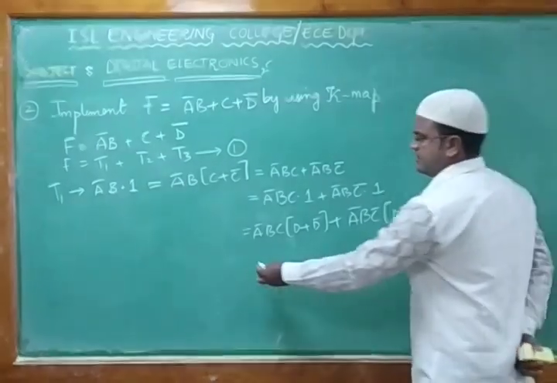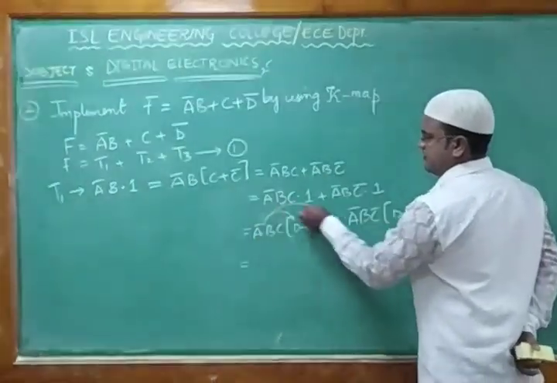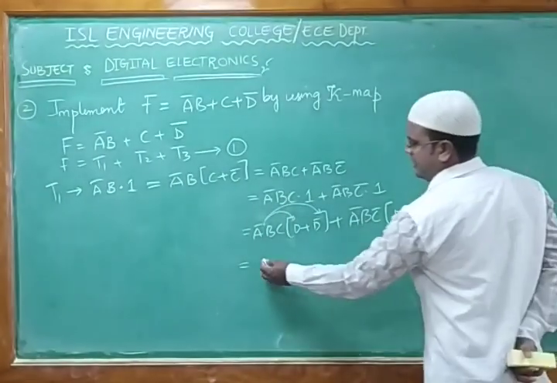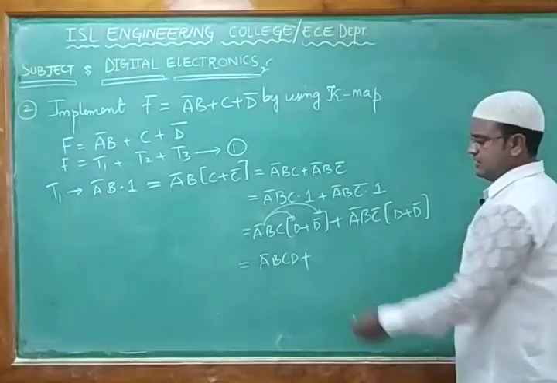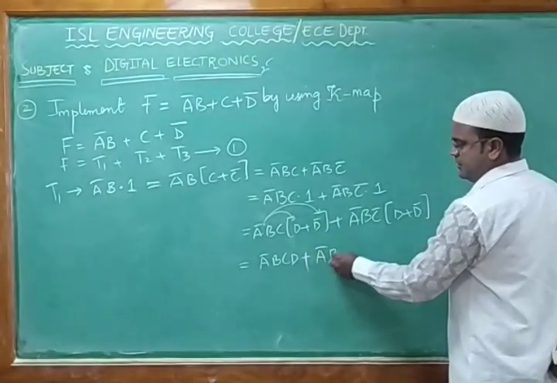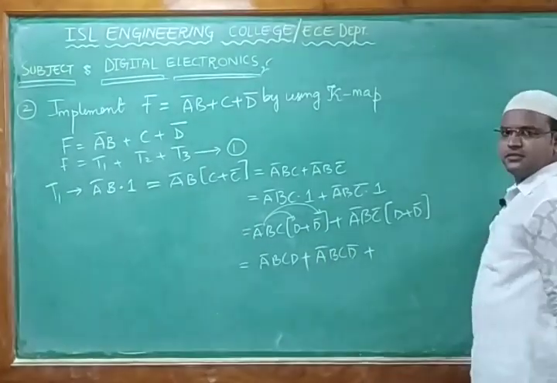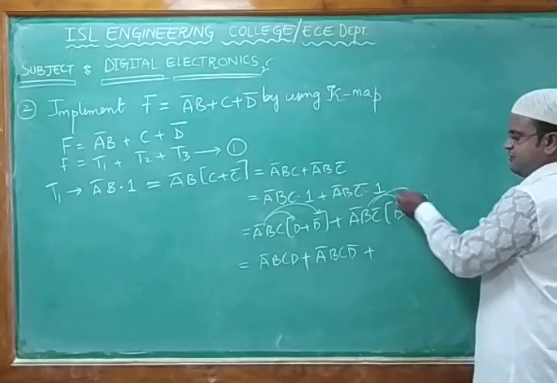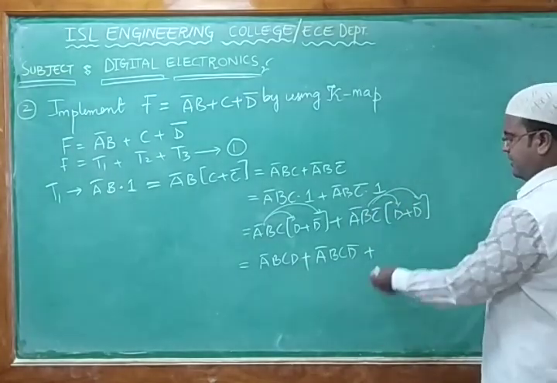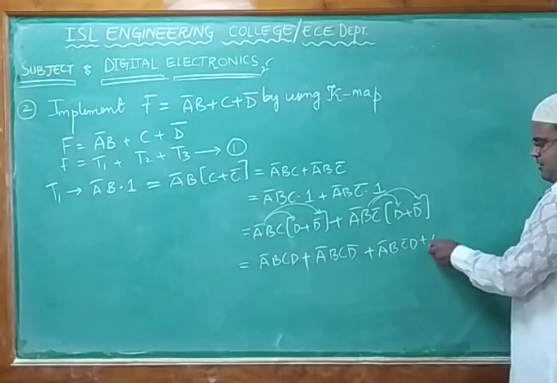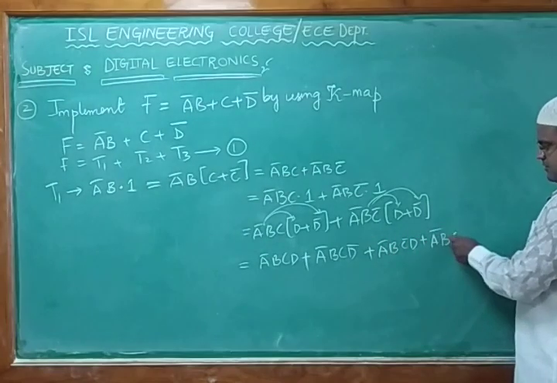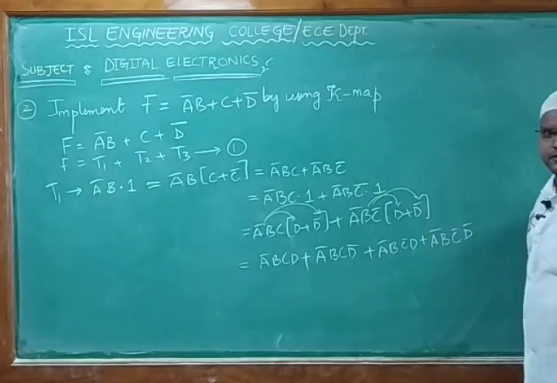So what I'll get, I can modify it by multiplying the first factor with the second factor. So I get A complement B C D plus A complement B C D complement plus, this thing I can multiply with the first factor and second factor, so I'll get A complement B C complement D plus A complement B C complement D complement.